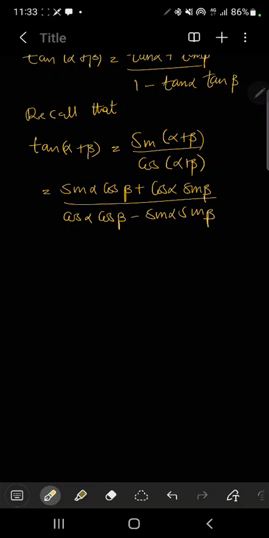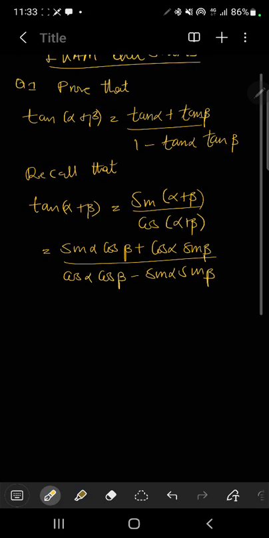Okay, then if you look at the identity that we have been asked to prove, we have got a 1 there in the denominator, which is 1 minus tan alpha tan beta. So this one will act as a reference point.